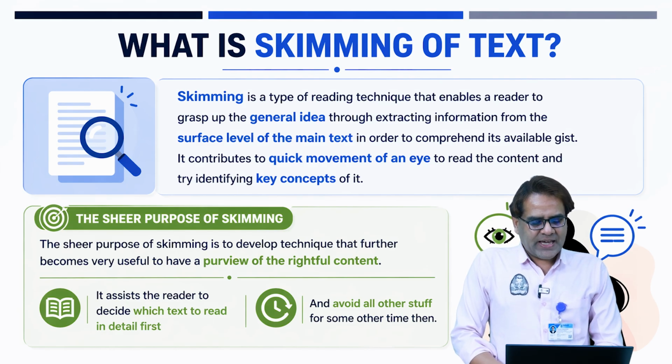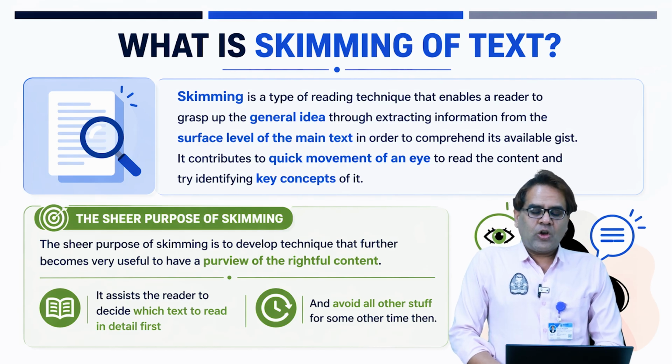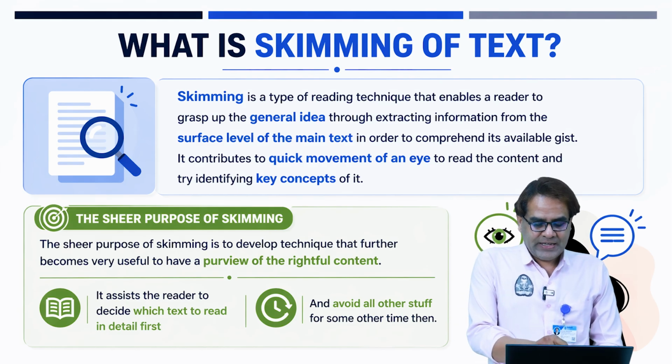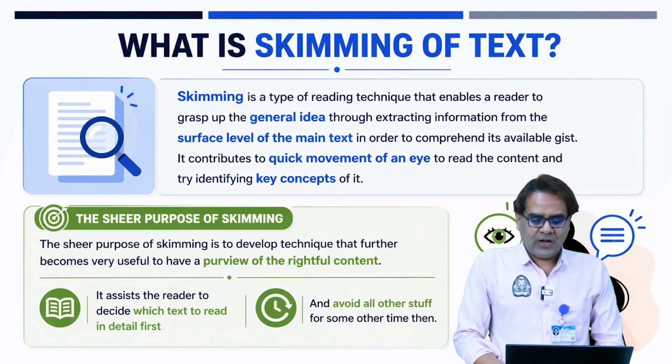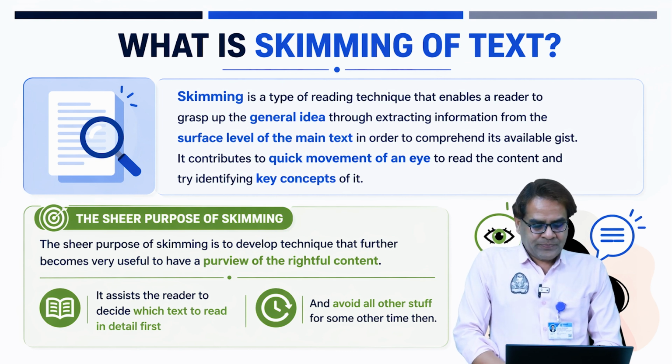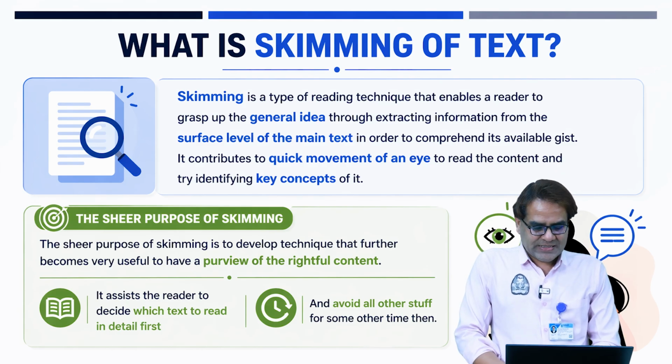Now, skimming is a type of reading technique that enables a reader to grasp the general idea, and that is through extracting information not completely from the text, but from the surface level of the main text. Please concentrate on this feature, the surface level of the main text, so that the reader can comprehend the available gist of the overall content.